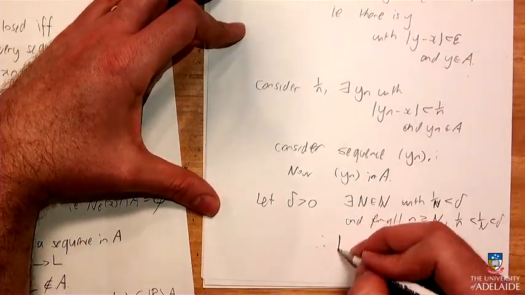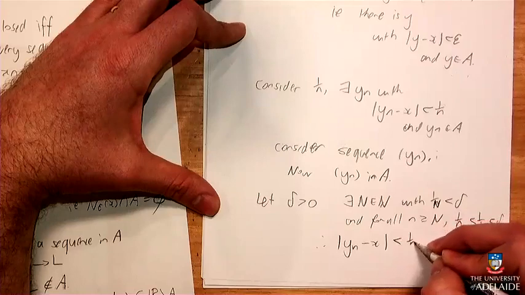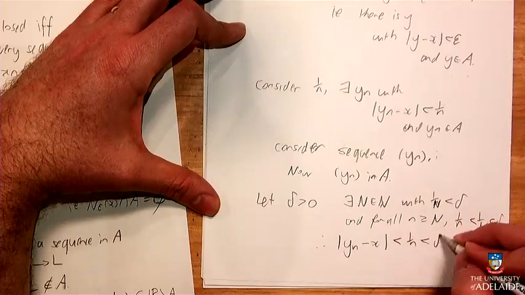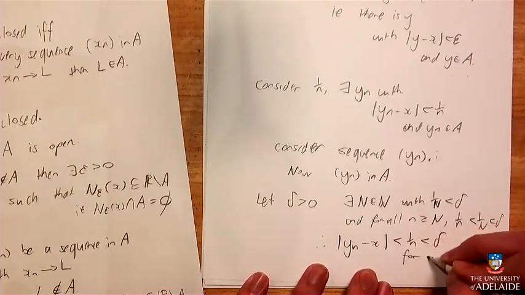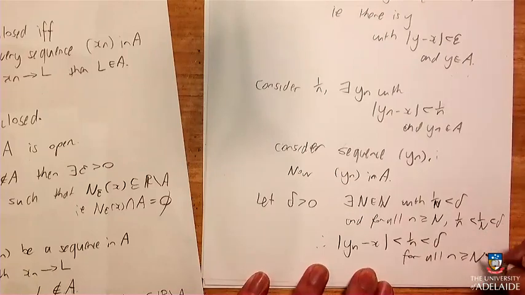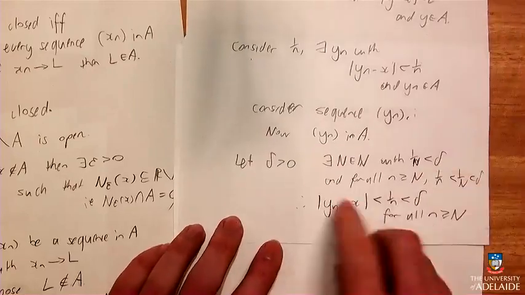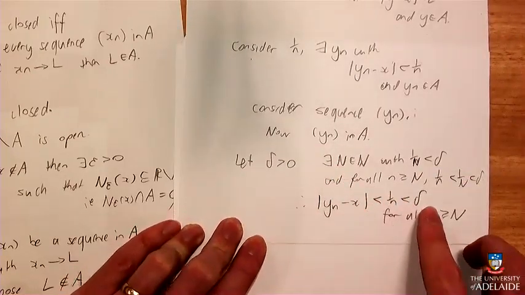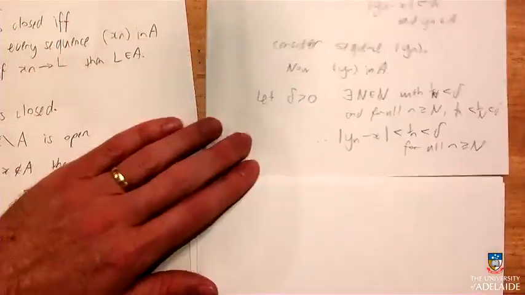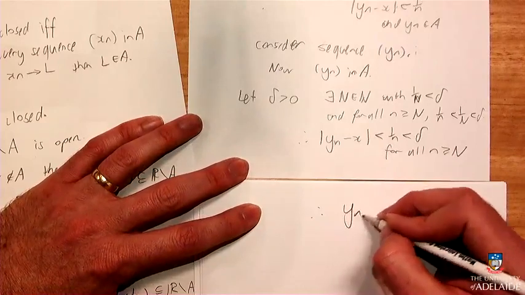And so therefore the distance between yn and x will be less than 1 over n, which will be less than delta, for all n greater than or equal to N. So let delta be greater than 0, then there exists an N such that the distance between yn and x is less than delta, and so therefore yn goes to x.